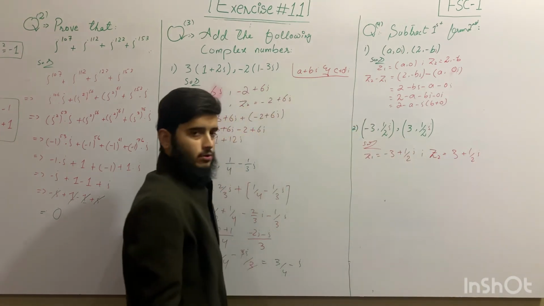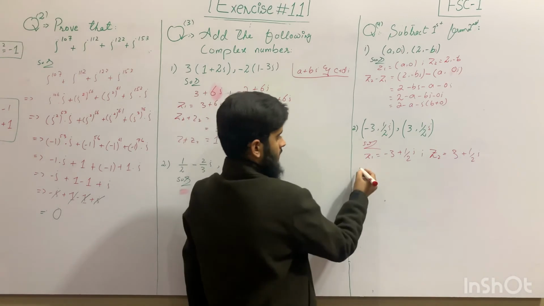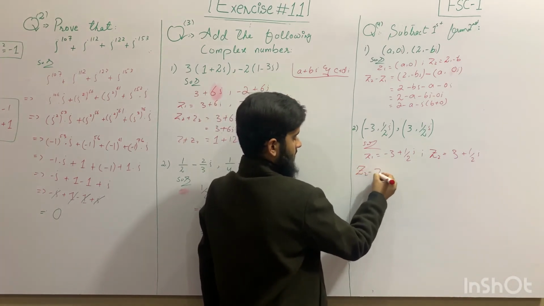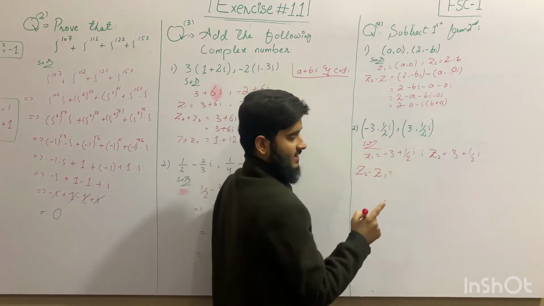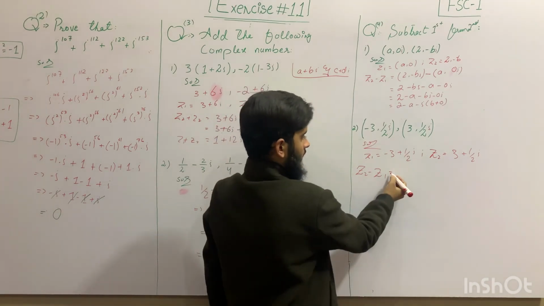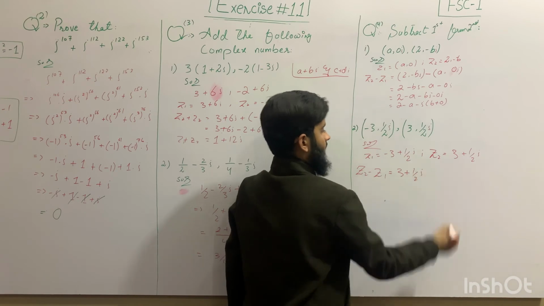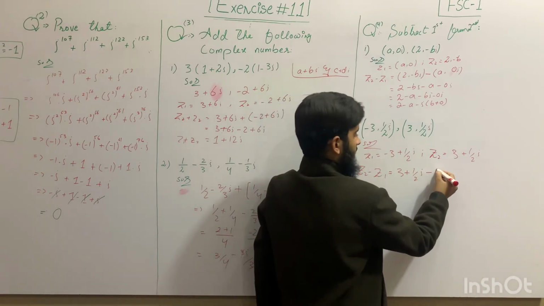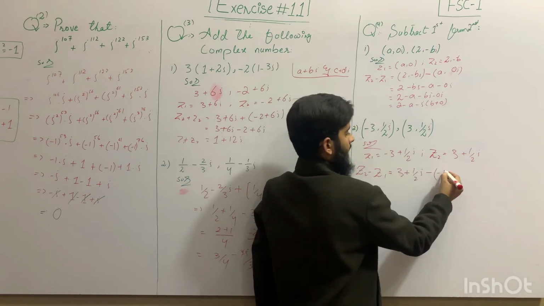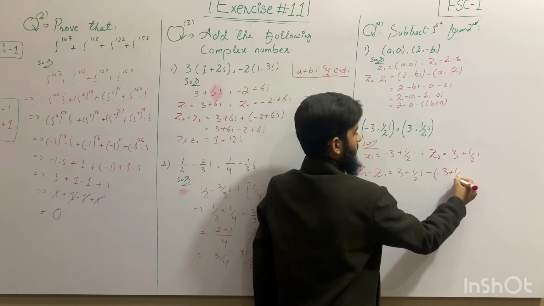Now we are going to subtract these terms, Z2 minus Z1, because we are subtracting the first term from the second term. Always remember this. So the second term is 3 plus half iota minus, because we are subtracting this term, minus minus 3 plus half iota.